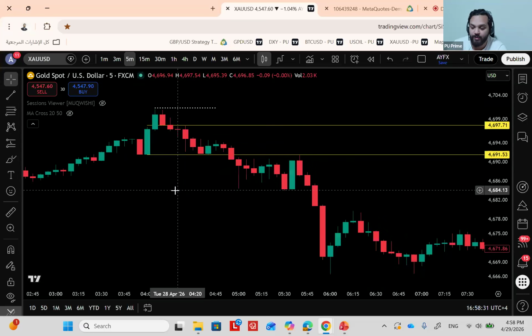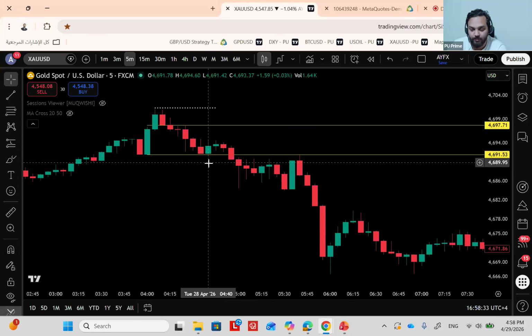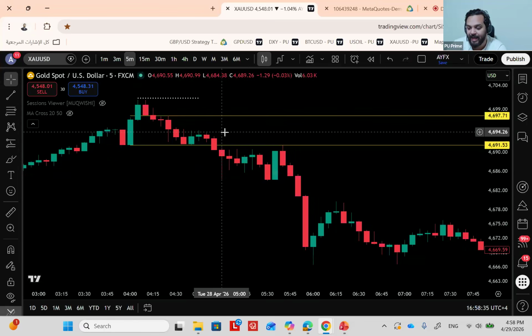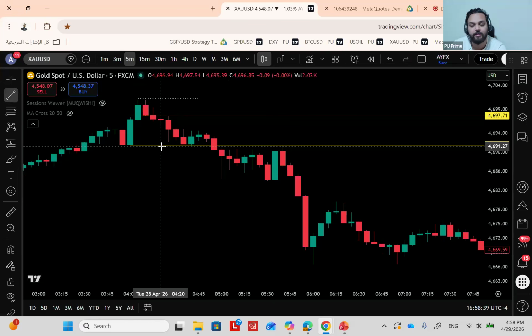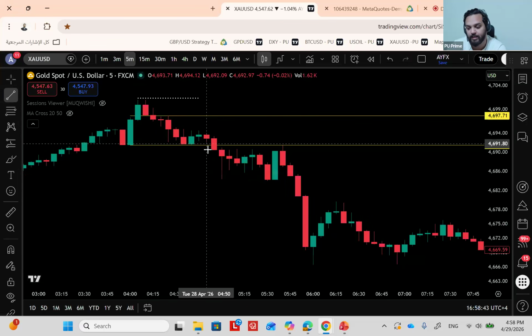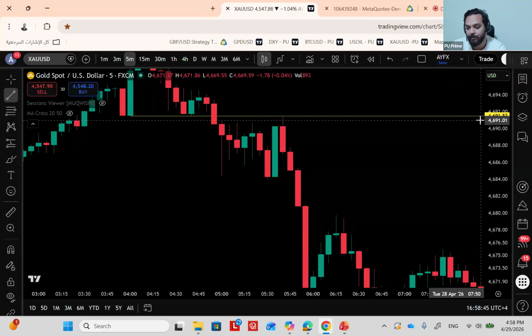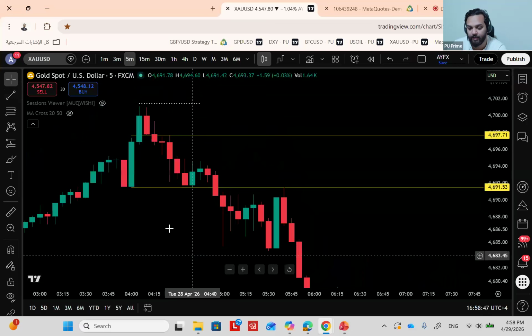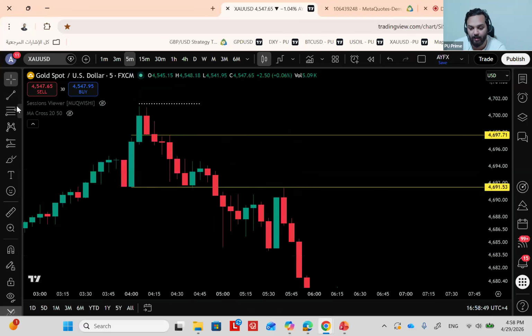If not, then it's going to break down. So where is the candle that has broken below this yellow line? It's this one here. It's the only candle that breaks below the zone that I have highlighted.